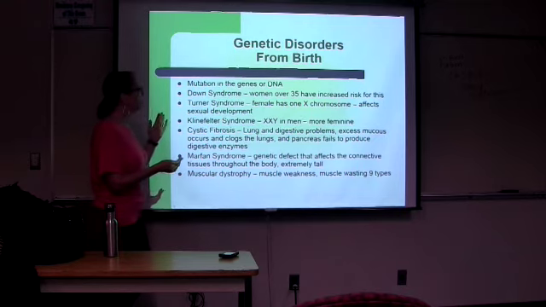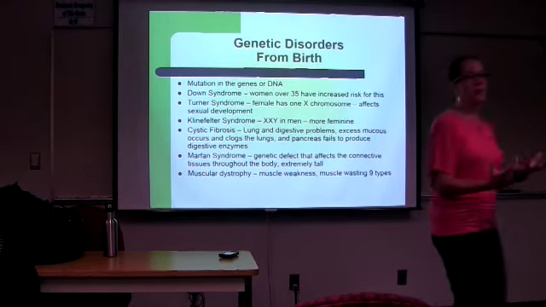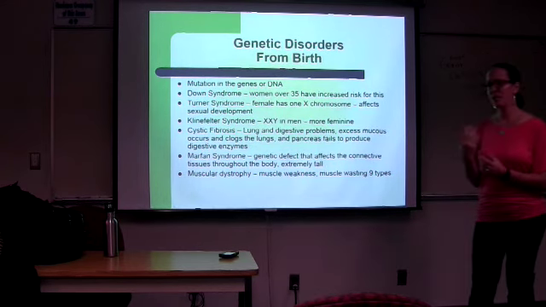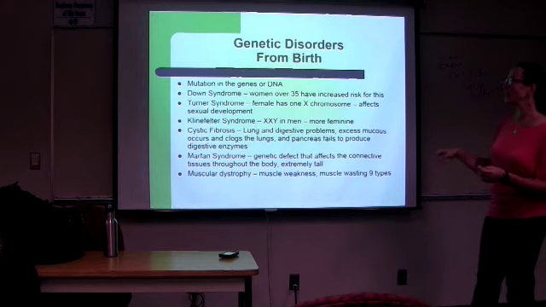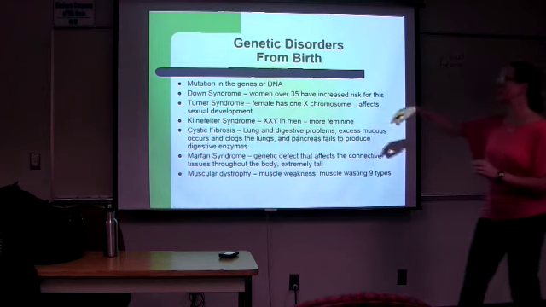So, with genetics, unfortunately, we can have changes in those genes that can affect us. Changes or mutations. These are some examples that you should know. Down syndrome, and I don't get into the specifics. Just know that Down syndrome is an example of one.